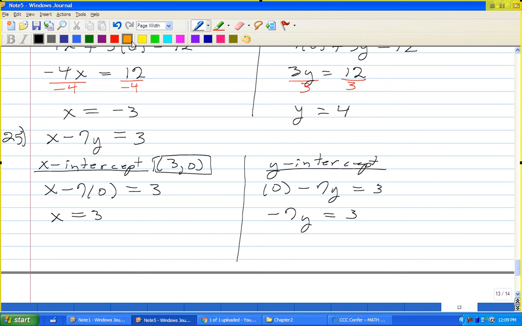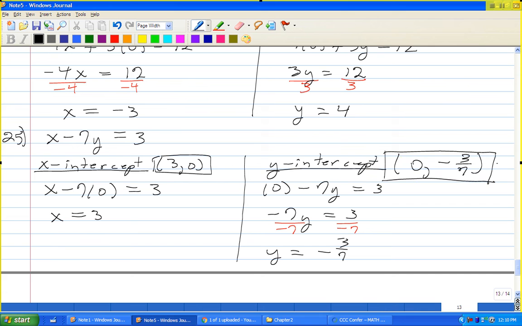Divide both sides of the equation by negative 7. So y is equal to negative 3/7. And so my y-intercept is at 0, negative 3/7. Then we do problem number 27.